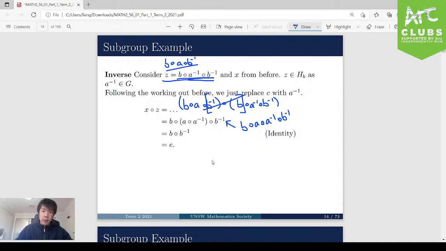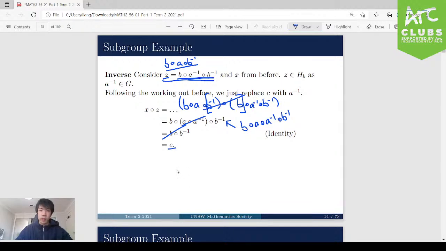But A dot A inverse will be the identity, so that disappears, and you're left with just B dot B inverse. But B dot B inverse will just become the identity, so that disappears, and you're left with just E. And so we have shown that for any A, if you choose this particular Z, it will work out, because in the end, no matter what your A is, you end up with E, which is the identity element.